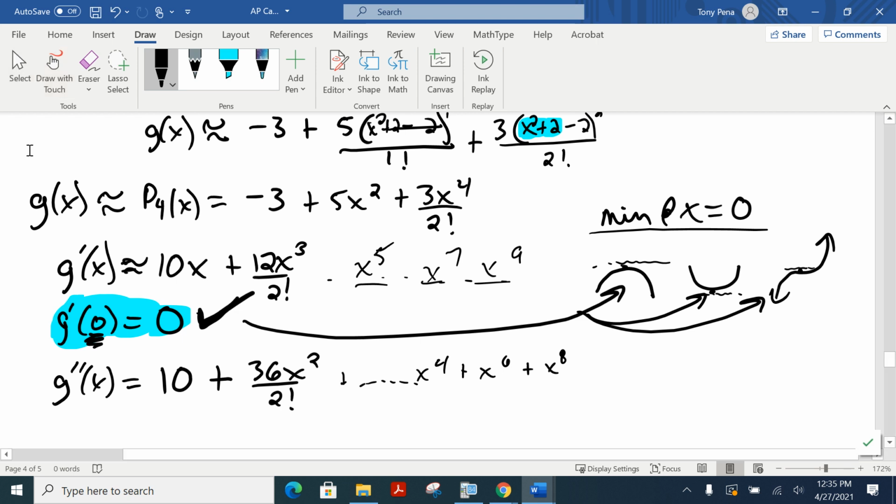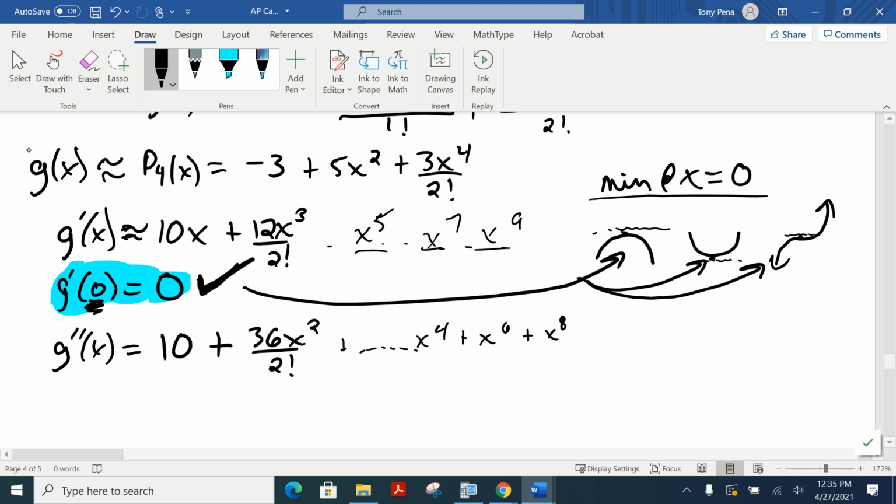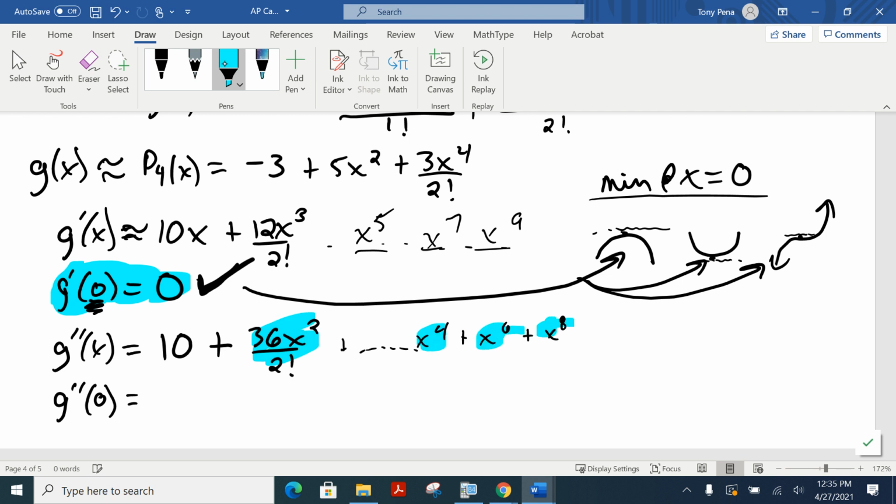So the reason it's called a second derivative test for maxes and mins is if I now plug in a 0 into this, wouldn't this term and all subsequent terms go away? And the only thing you're going to be left with is this 10. Most importantly, it is a positive 10, telling us that our function must be what in terms of concavity if the second derivative is positive?